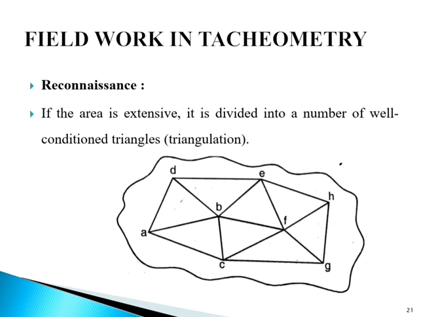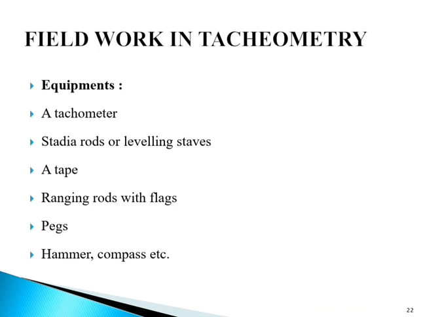You can see the area is extensive, so we have used the triangulation method, and all the area is converted into some triangles, and by this the various procedure is done. Tachometric stations should be so selected that they command a wide area and that large vertical angles are avoided. Next, equipments are tachometers, stadia rods or leveling staves, a tape, ranging rod with flags, pegs, hammers, compass, etc.